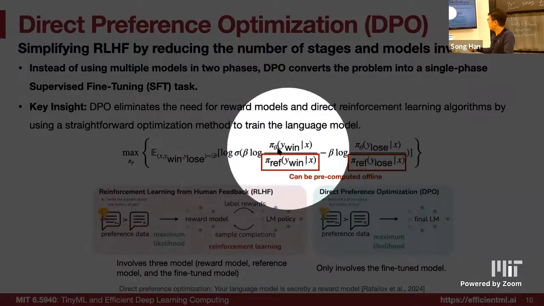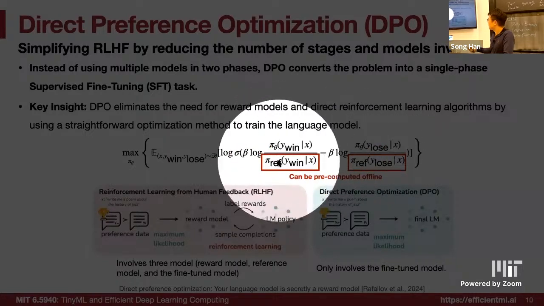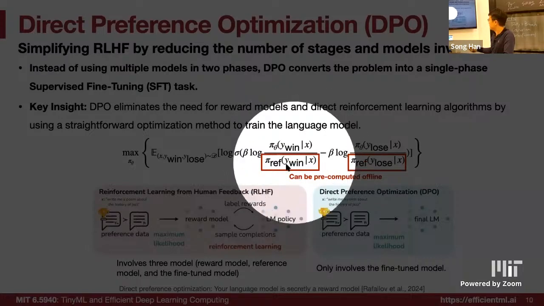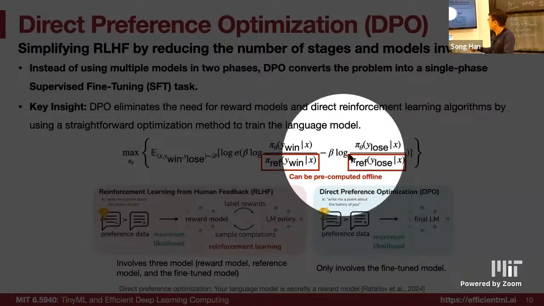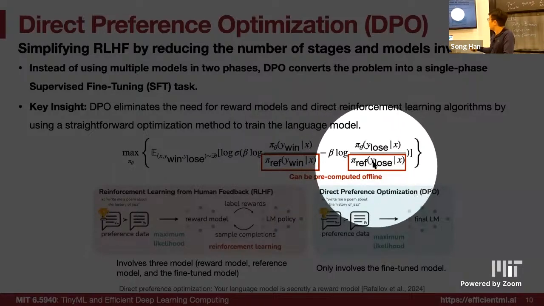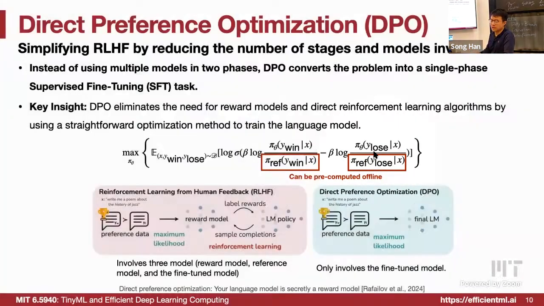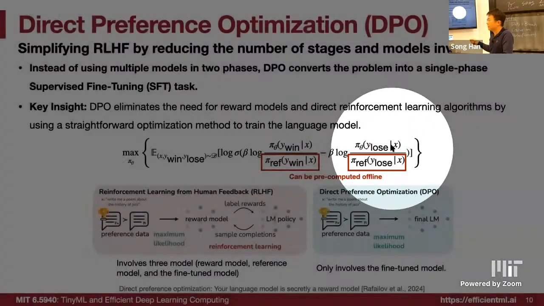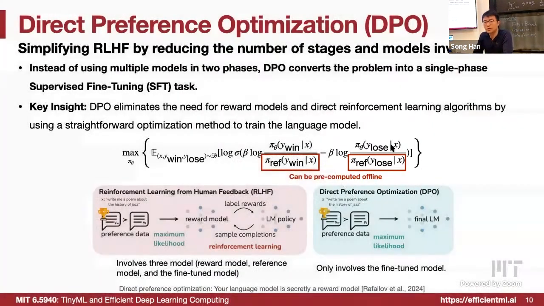Since it's log, it converts to subtraction, with the reference model's terms. And we encourage our Y lose to be small. The Y lose is on the denominator, so it's added back. That's how we encourage the winning output to have a higher probability than the losing output.